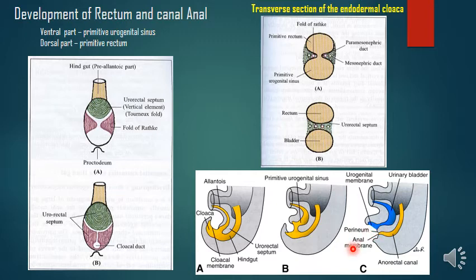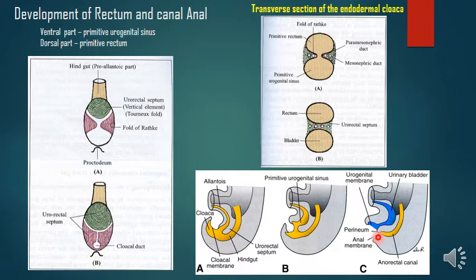The ectodermal cloaca behind the perineal body presents a surface depression called the proctodeum, or anal pit. The backward growth of the perineal body separates the anal membrane from the urogenital membrane.